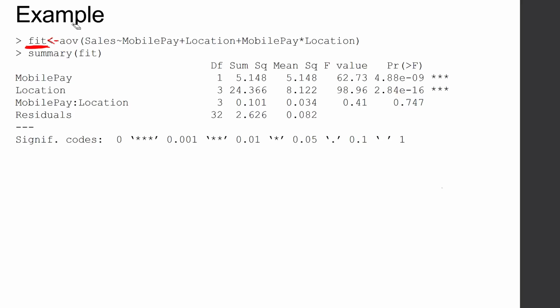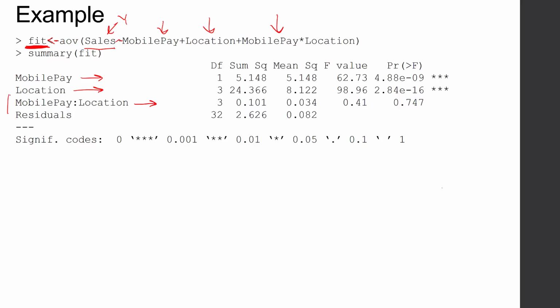The aov function is for ANOVA. Again, your Y variable goes first, just like before. Tilde, your predictors. So we want to put in mobile pay plus location plus mobile pay times location. All right, so we have a row in our ANOVA table for mobile pay, a row for location, and a row for our interaction, and of course our row for residuals.